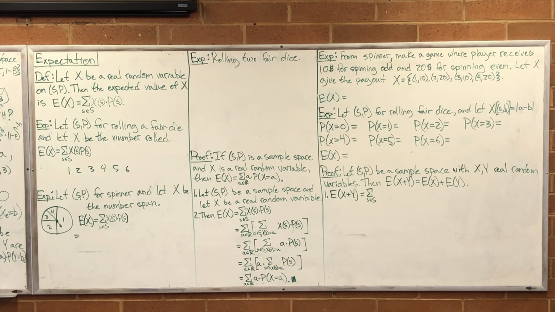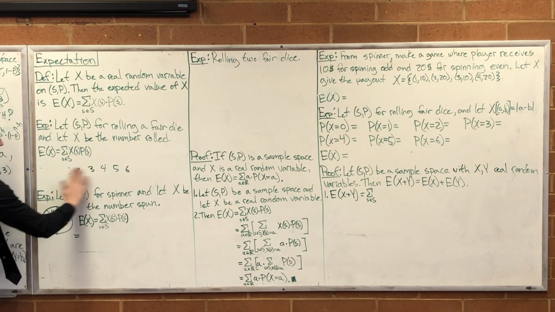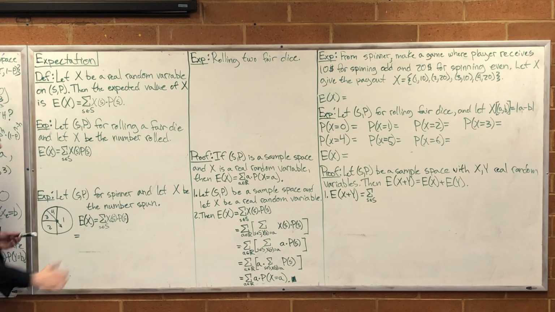What's the best way to make you see this? Here's how I make you see this. Let's say I roll the dice a ton of times, we'll call it n times. N is the number of times I'm going to roll this dice.